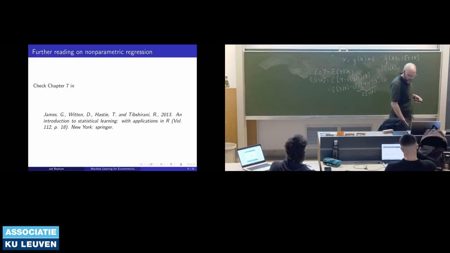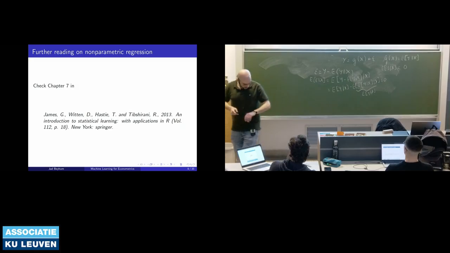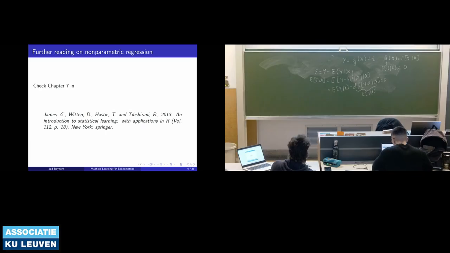The only thing I want to say, because I think this was short, so maybe there is no need for a summary, is that if you want to learn more about this, you can have a look at this book. This book is on Toledo. It's freely available also through the library, and you can look at chapter 7 here.